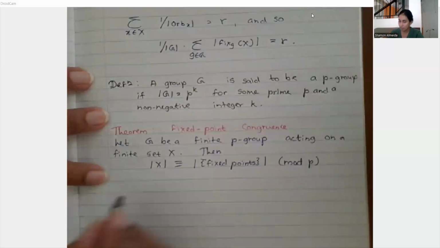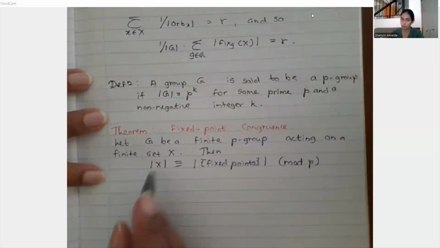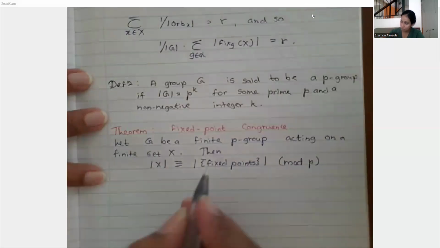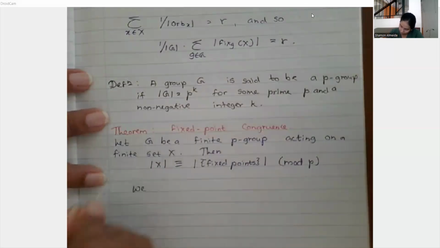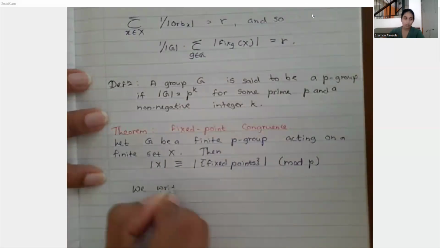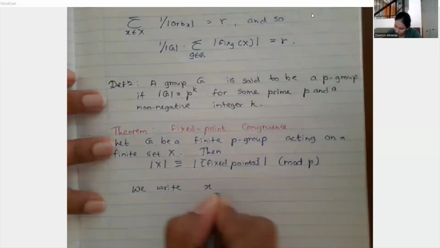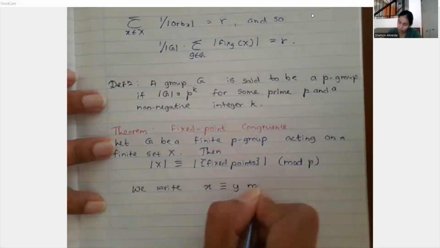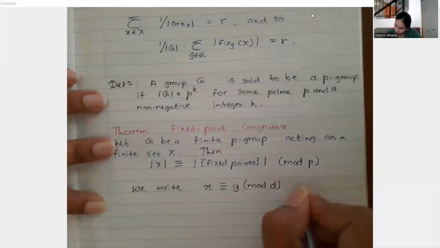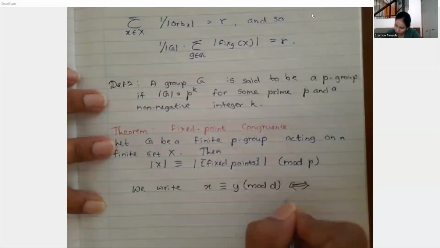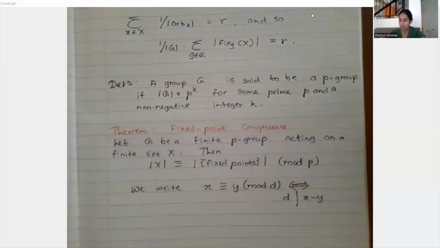Now, this is not relevant to the proof or the theorem statement, but to give you a quick idea about congruences: if you have any two integers x and y, we write x is congruent to y modulo d if and only if d divides x minus y.